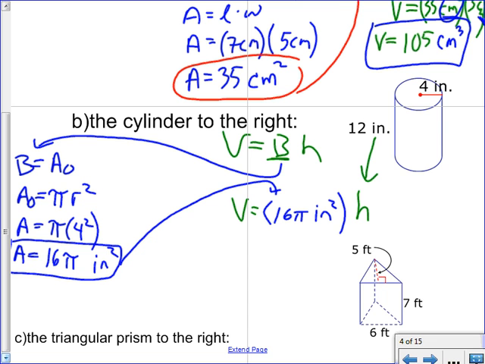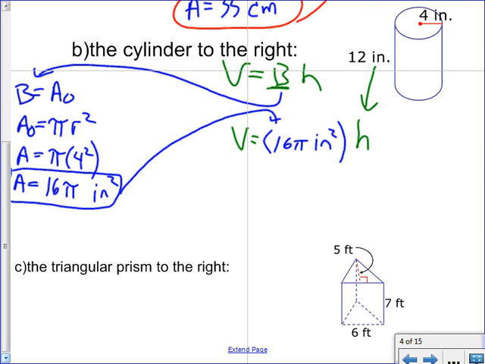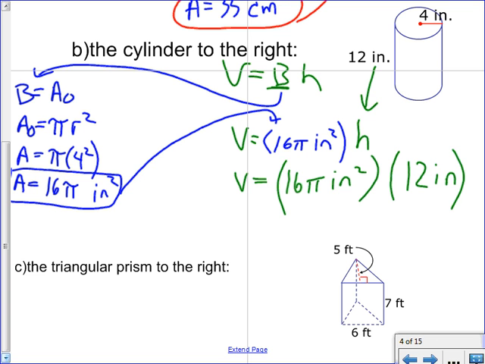So, the volume is equal to this 16 pi inches squared times my h, which I now know is 12 inches. And then all that's left to do is multiply 12 by 16, which is 192.